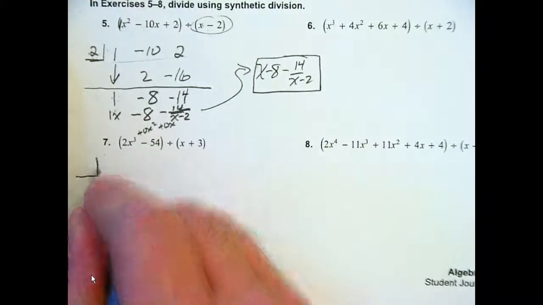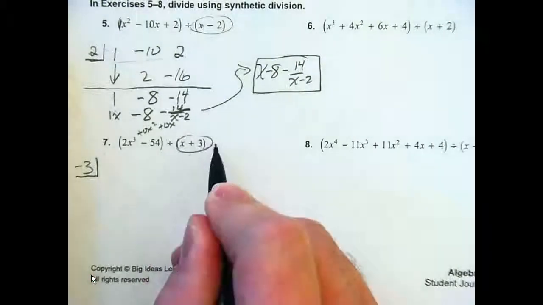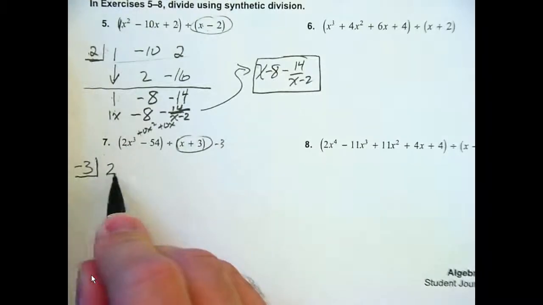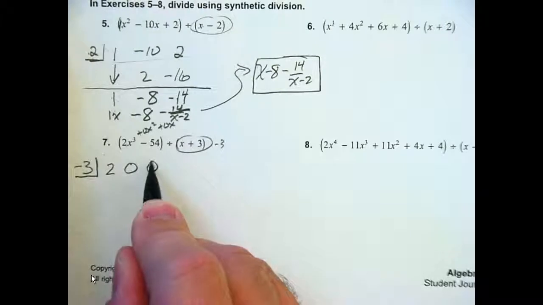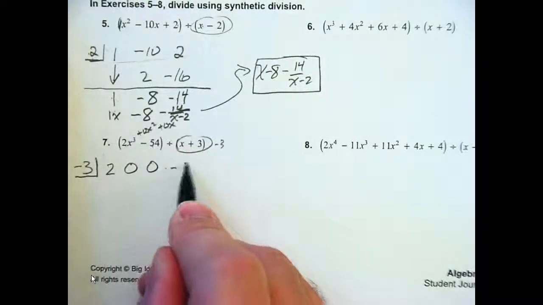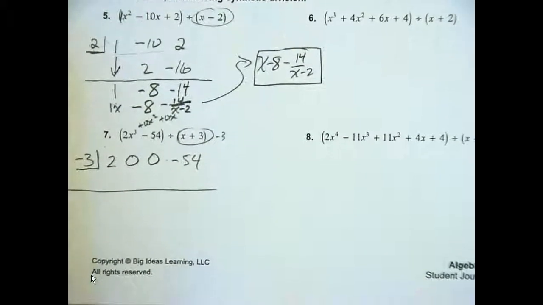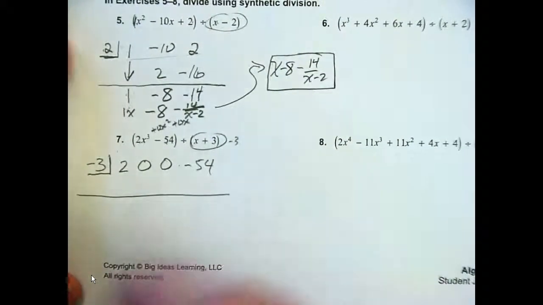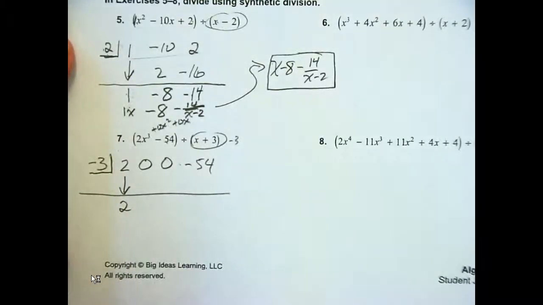Okay, what goes right here? Negative 3. It's whatever makes this 0. Okay, we have 2, 0x squared, 0x, and negative 54. What do we do next? Bring down the 2. And now?